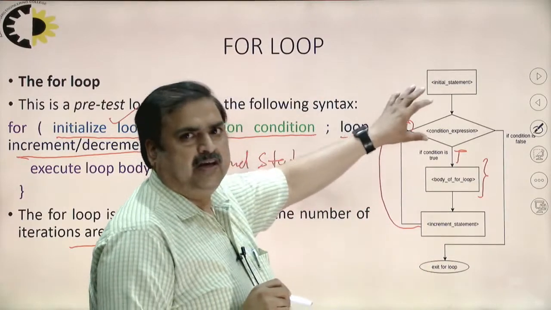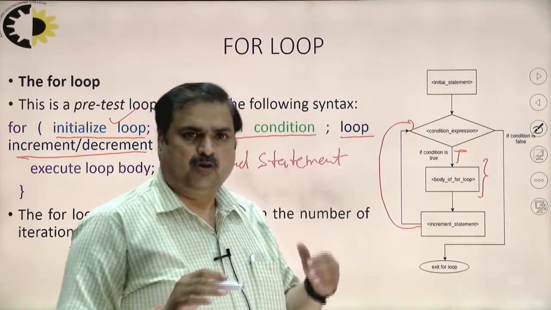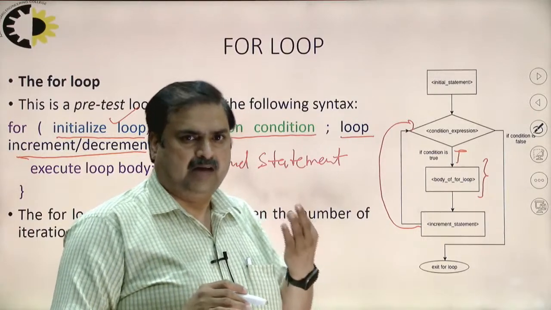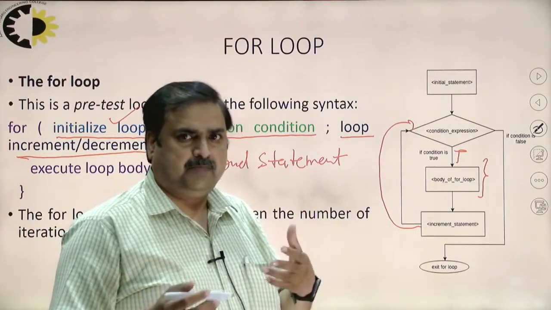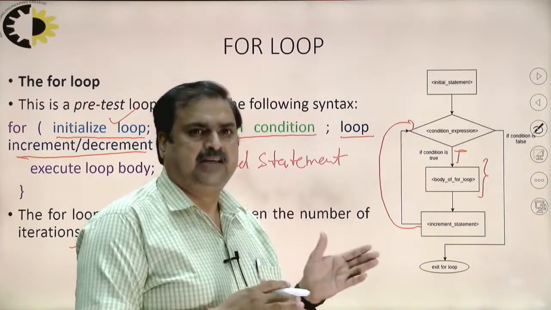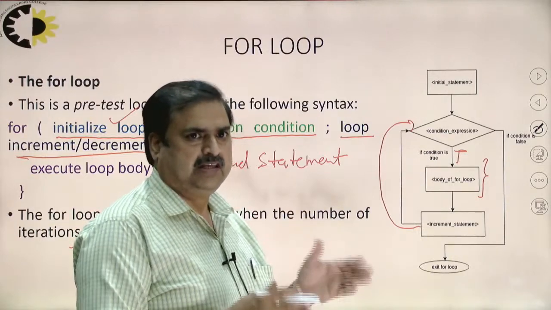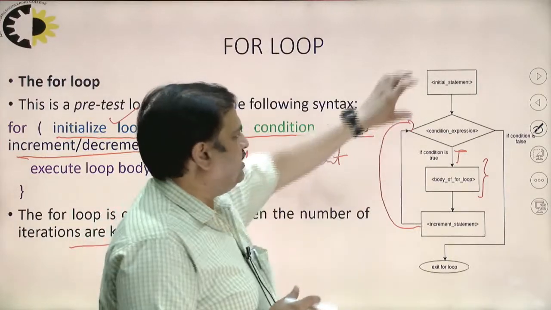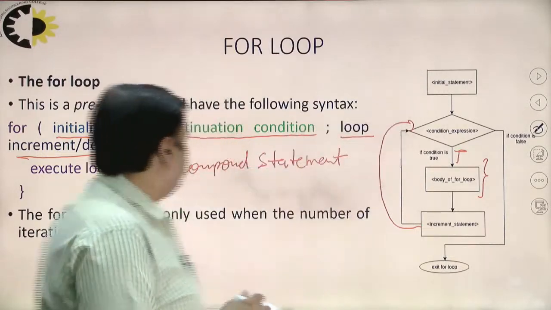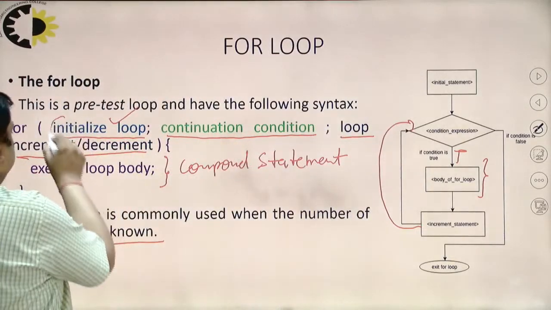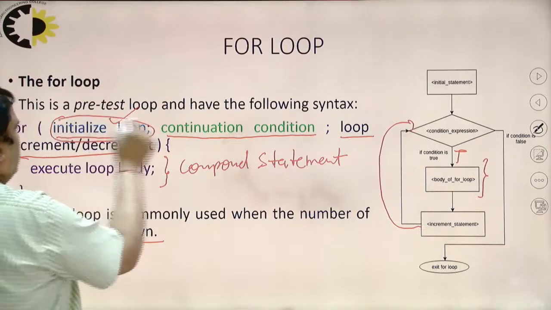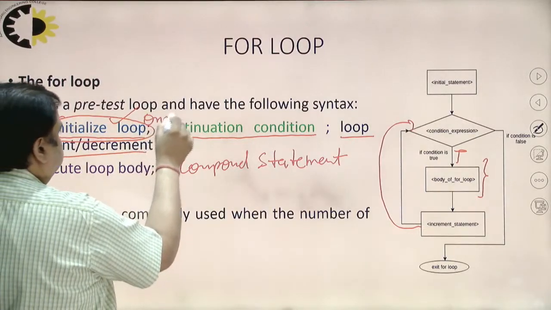You can see here that the for loop has three parts, and of these three parts, the first one was the initialization of variables, or initializing the loop. That part will be executed only once.